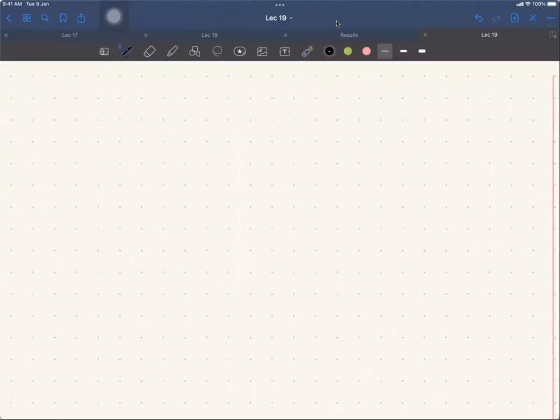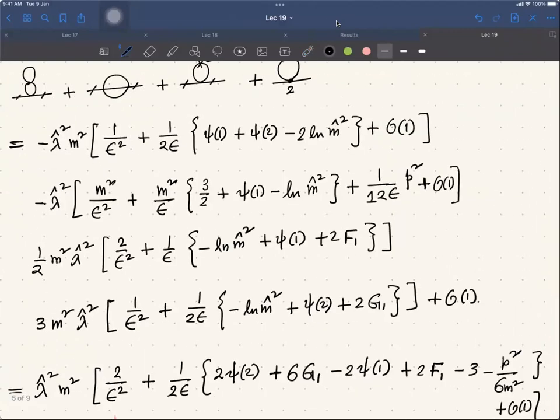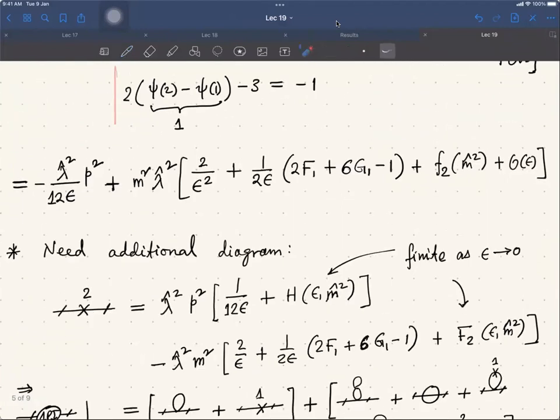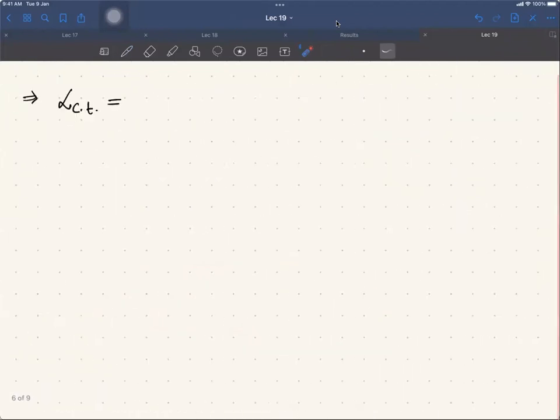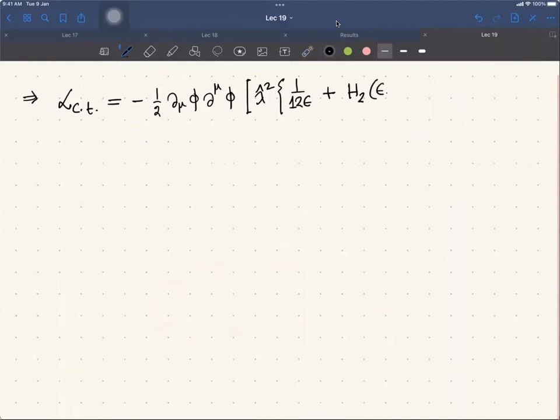So the corresponding counter term Lagrangian, for the momentum dependent term, will be produced by a term minus half del mu phi squared times lambda hat square, 1 over 12 epsilon plus h2 of epsilon, m hat square.